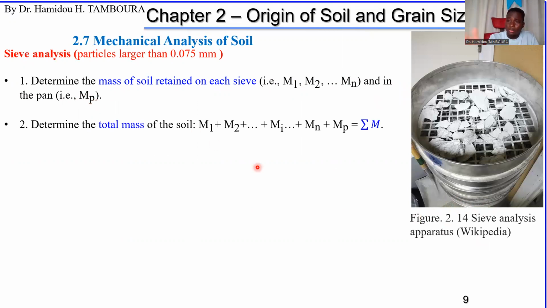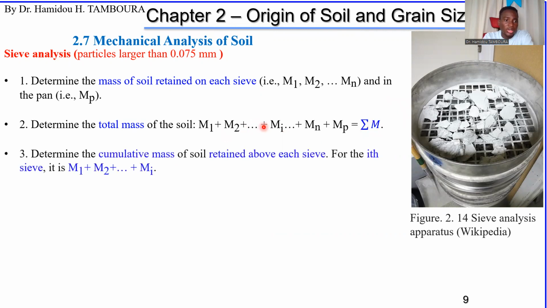If you want, you can weigh the total mass of your soil sample at the beginning, before even dropping it on the top of the sieve. By weighing the soil retained on each sieve, we can sum them. By adding all of them, we can get the total mass of our soil sample.